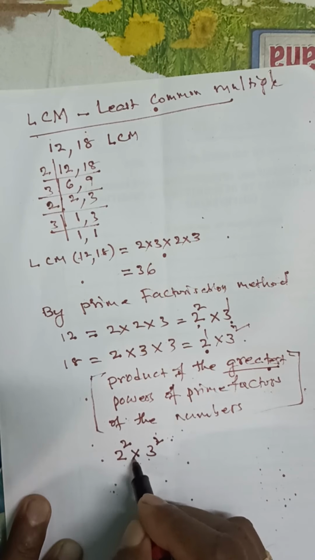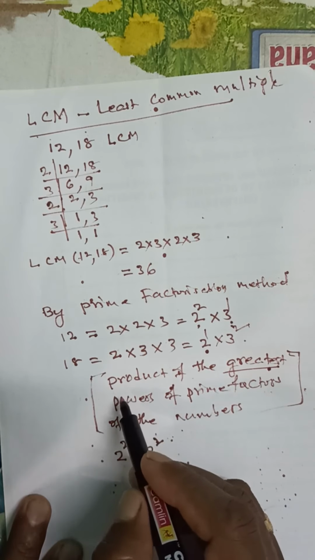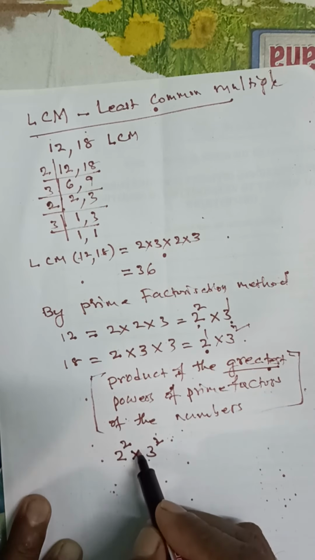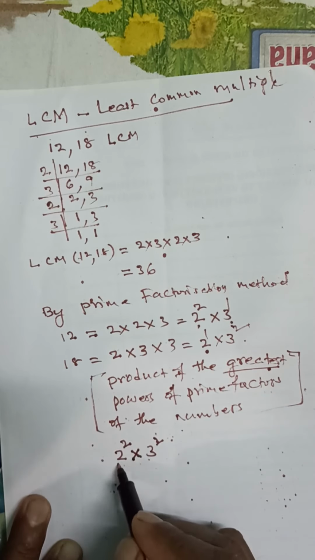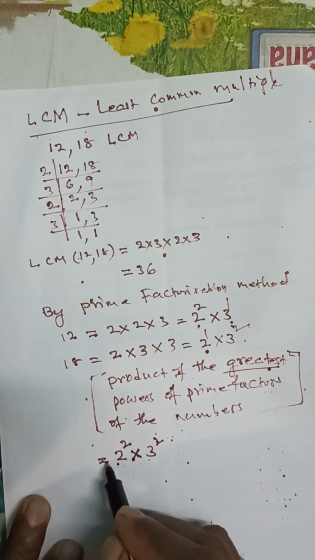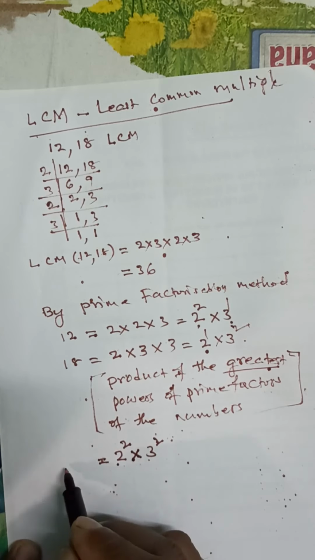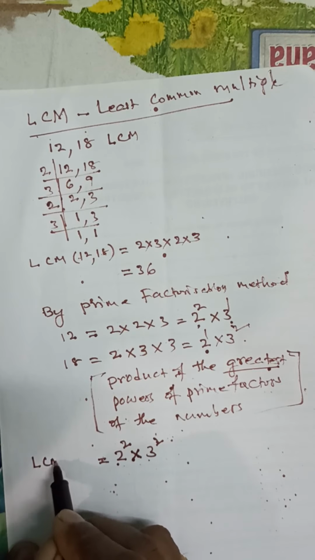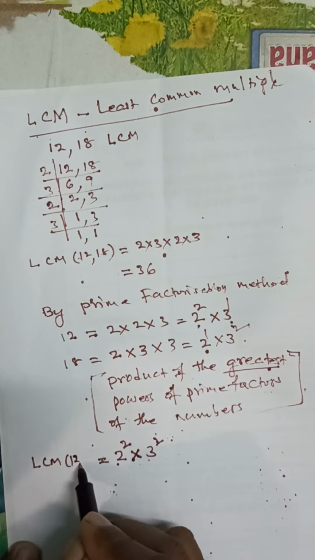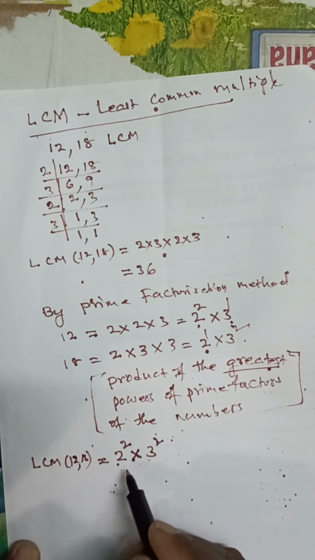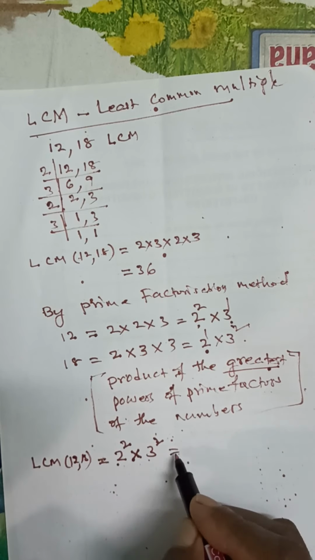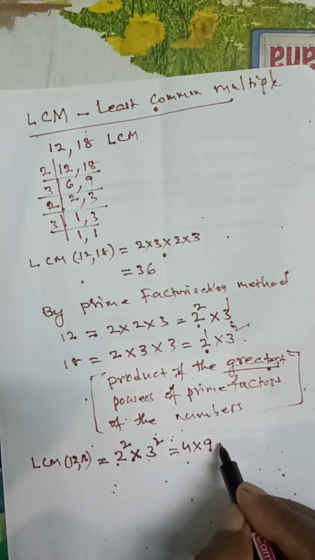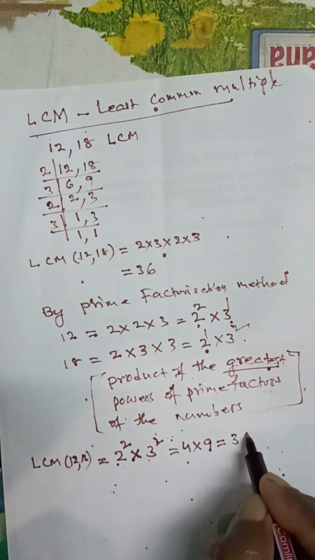Their product, the product of the greatest powers, is the LCM of 12 and 18. So the LCM of 12 and 18 is 2 square into 3 square. 2 square is 4 and 3 square is 9, so the LCM is 36.